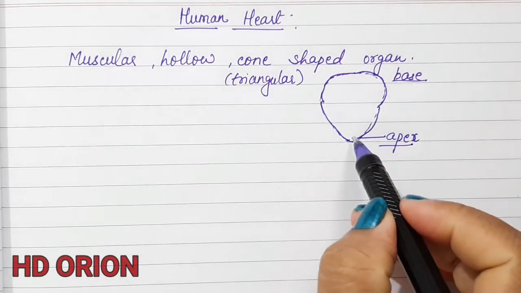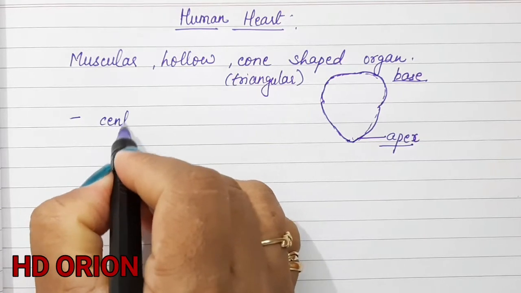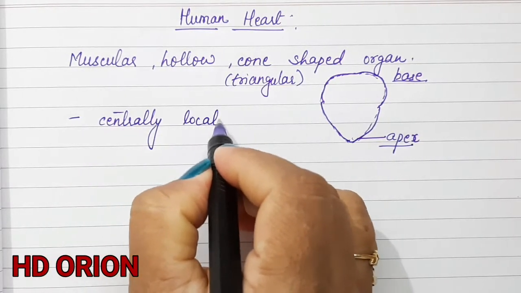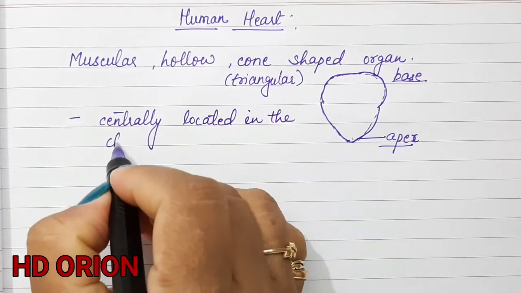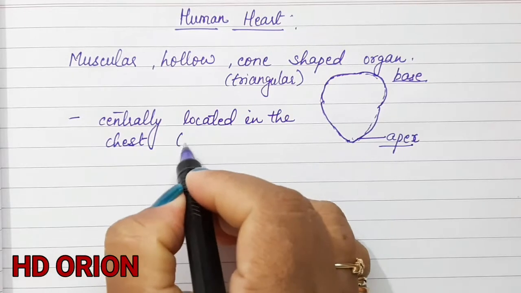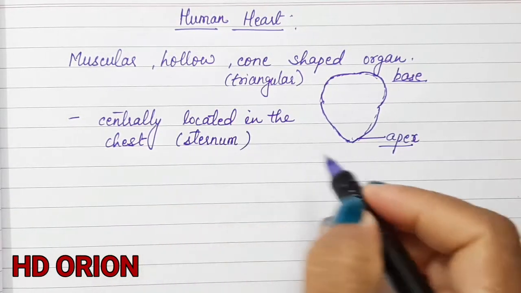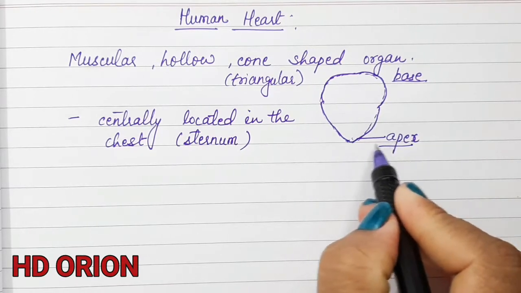So this is present in the central part of the body, in the chest. If I am saying chest, that means it is in the sternum region, but the apex is tilted towards the left side.